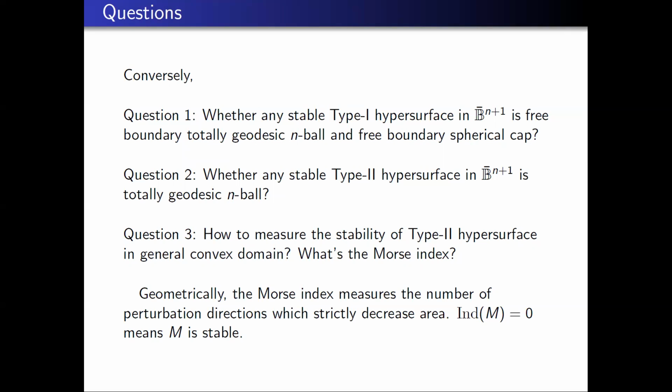And question 3: how to measure the stability of type 2 hypersurface in a general convex domain, and what is the Morse index of type 2 hypersurface. Here, the Morse index means the number of perturbation directions which strictly decrease area up to the second order. So if the Morse index equals 0, it means M is stable. And the answer to question 1 and question 2 is yes.